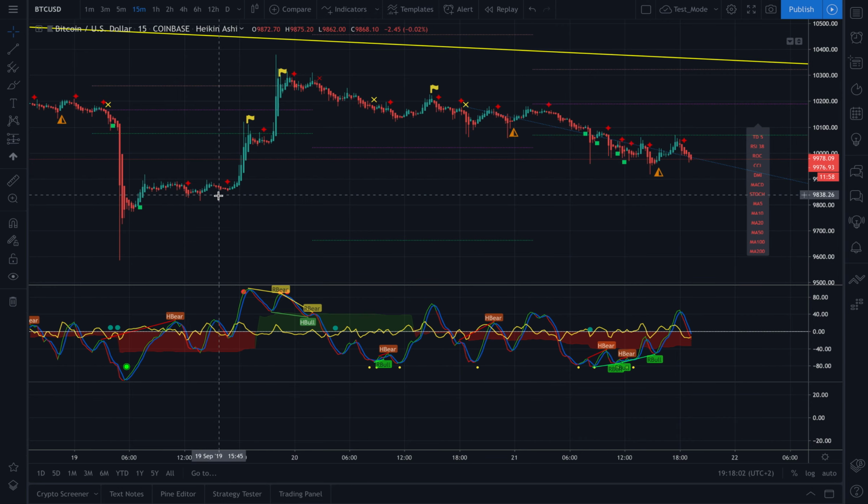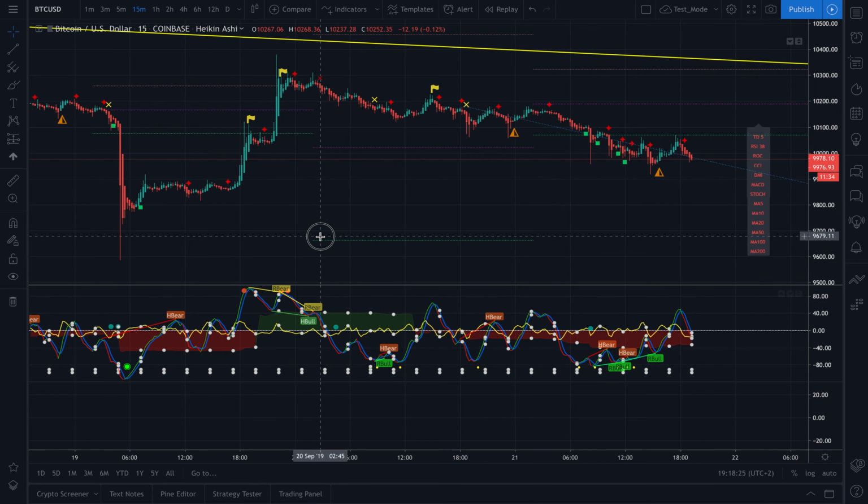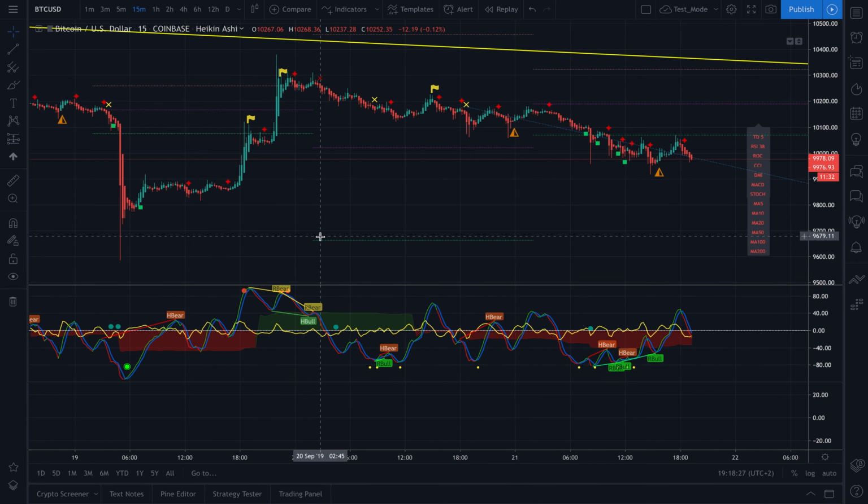The other team says, oh no, we have a really massive pump, now it has to go up. Anyway, one of these two teams, as I call it, will be right. And our goal, or our community's goal, should be to be on the team which is on the right side.